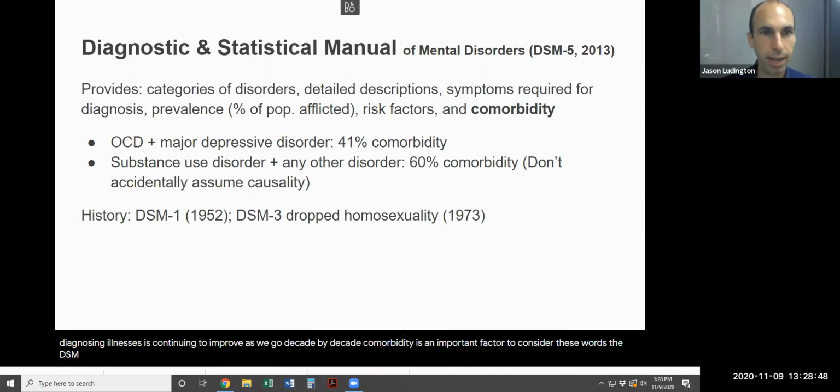The DSM provides categories of disorders, detailed descriptions, symptoms required for diagnosis, and prevalence of disorders, which means the percentage of the population that's afflicted.